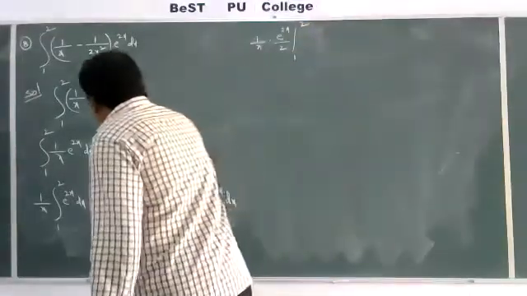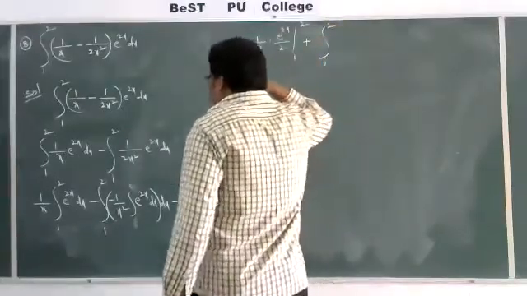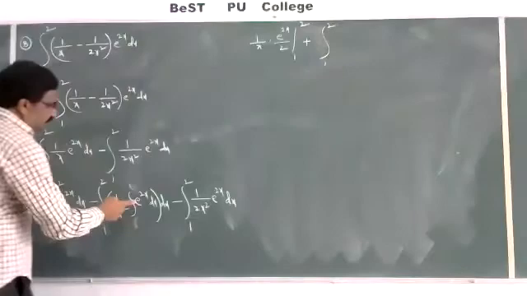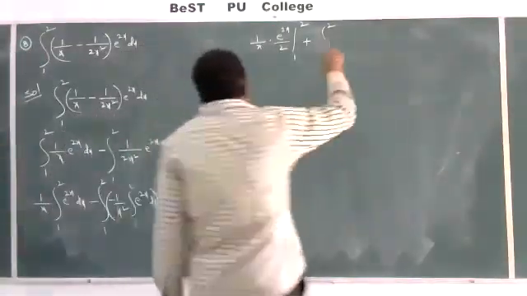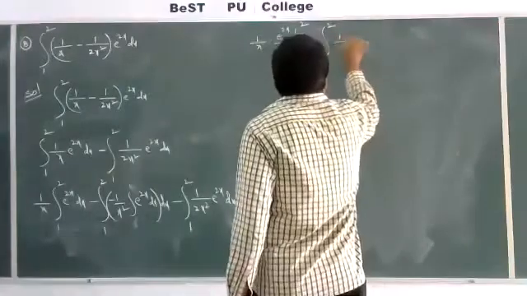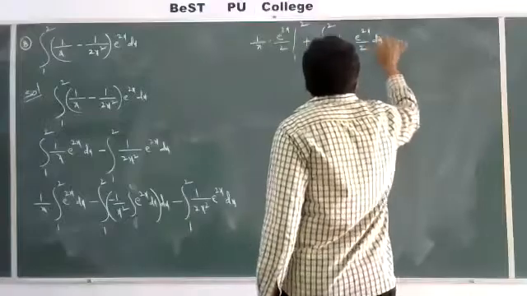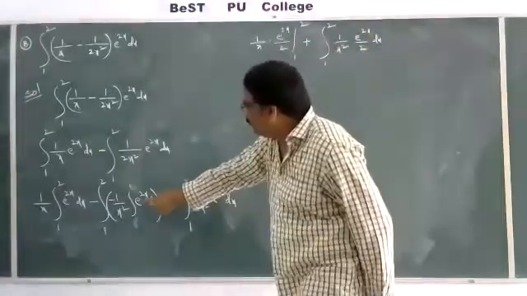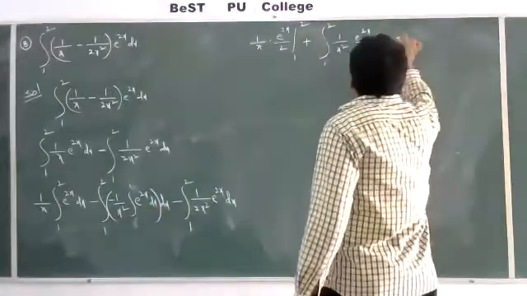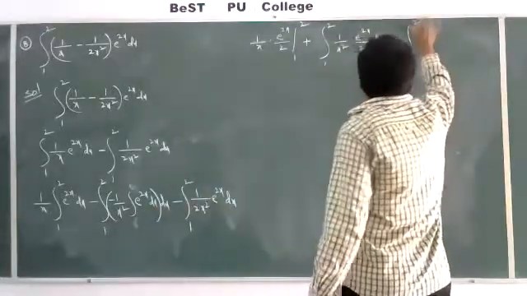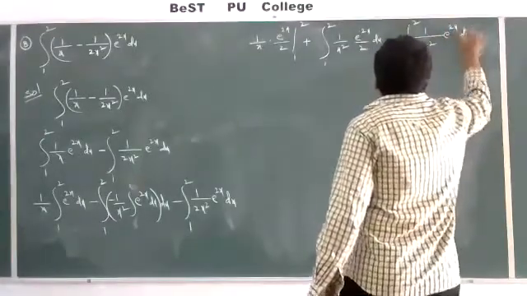Here minus of minus is plus integral 1 to 2. What is the integration of e power 2x here? It is e power 2x by 2. That is 1 by x square into e power 2x by 2 dx, minus, this is same, integral 1 to 2, 1 by 2x square into e power 2x dx.